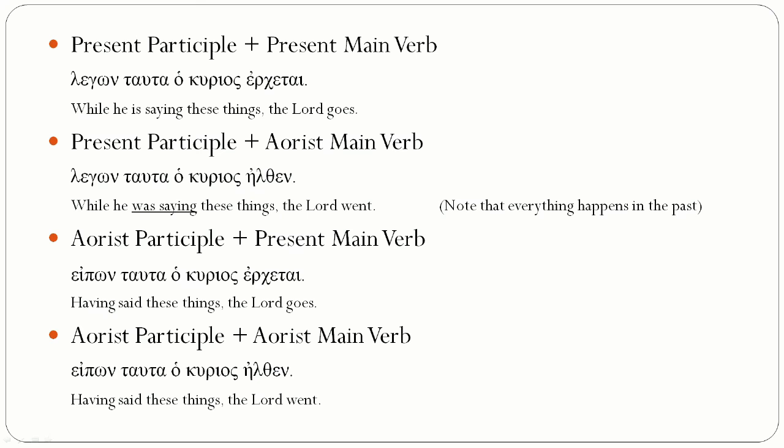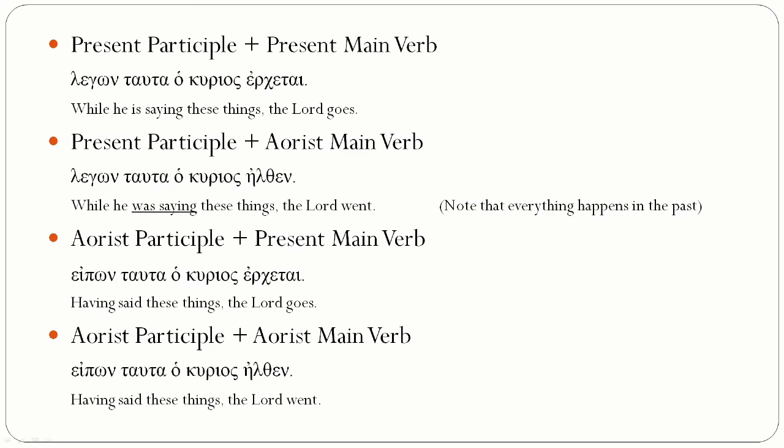But then the participle is in the present, which means that participle action is happening at the same time as the main verb. In other words, the participle action is happening also in the past. So be careful here. Even though the participle tense is called present, the action is still happening in the past because the main verb is a past tense. It's an aorist.